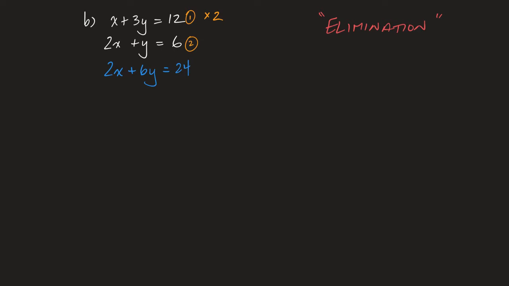I can eliminate my x's. So a couple things in terms of formatting. I just unsimplified an equation. That means I have a new equation, so it becomes equation 3. And between equation 2 and equation 3, I can now eliminate my x. If I took equation 3 and I subtracted equation 2 from it, I would eliminate my x's.